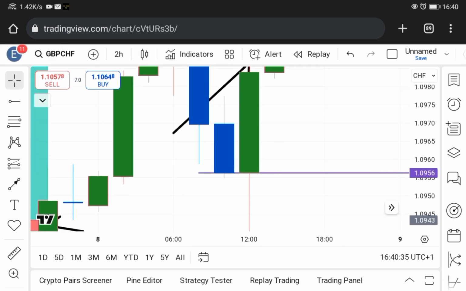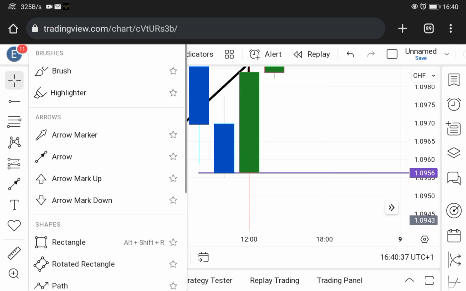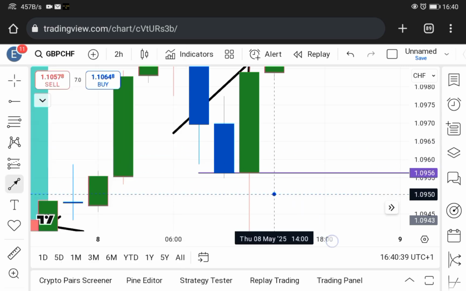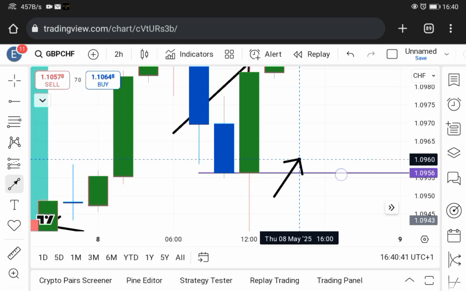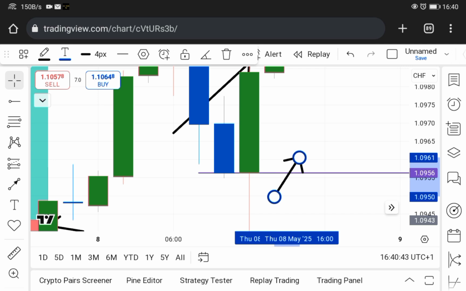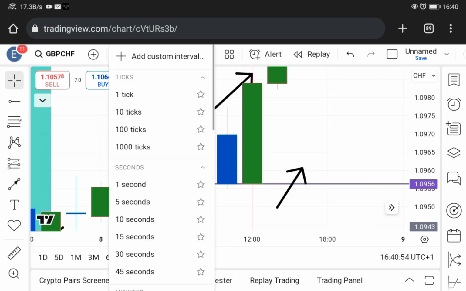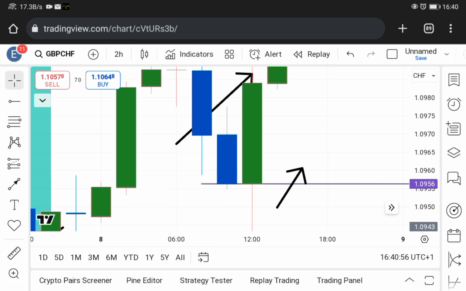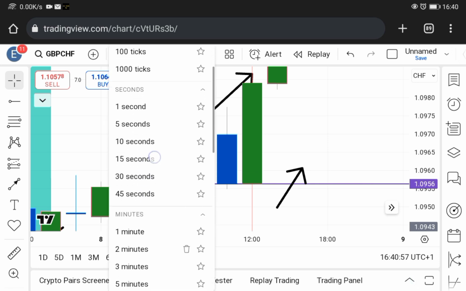You have to go to your 5 minutes. On your 5 minutes, you want a candle to come back and close above this line here, or you go to 3 minutes and look for a zone for you to place this trade so that it can give you a bigger RR. You can try your best to do this yourself. So let's go to my 5 minutes.